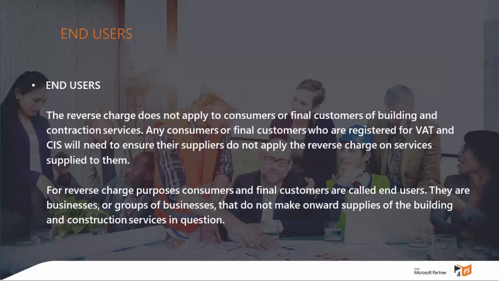They are classified as businesses or groups of businesses that do not make onward supplies of the building or construction services, and if they are registered for both VAT and CIS, they need to ensure their suppliers do not apply DRC on the services supplied to them.